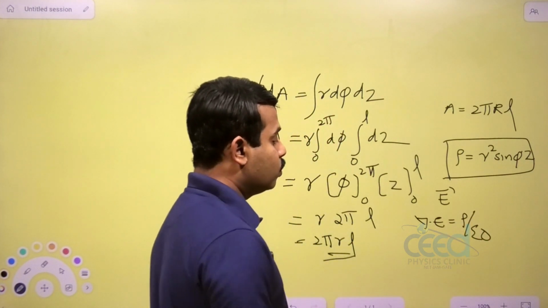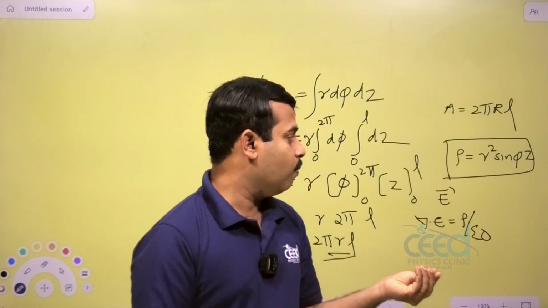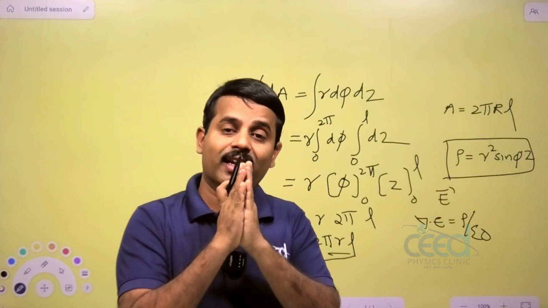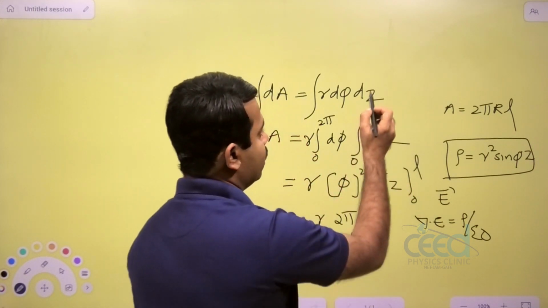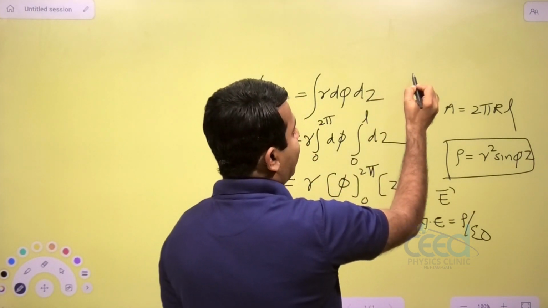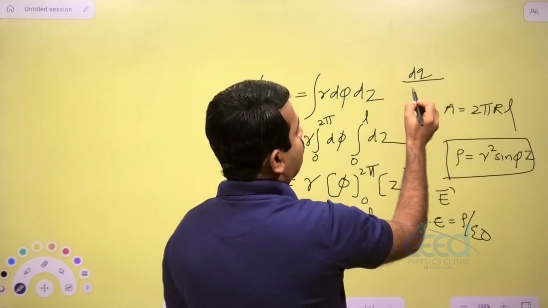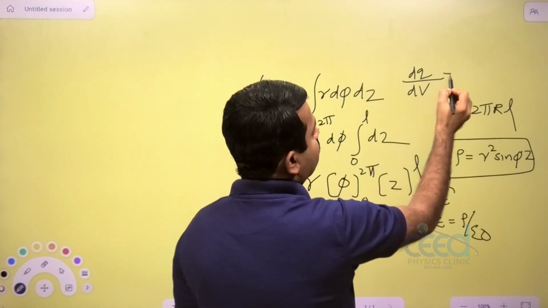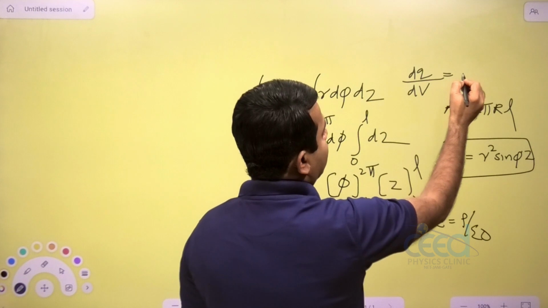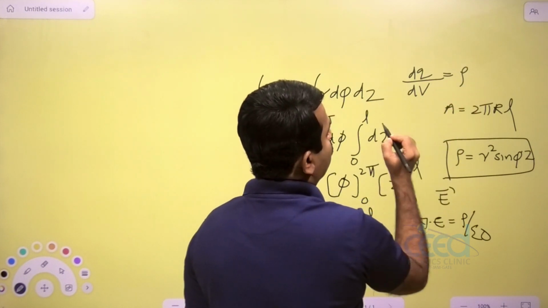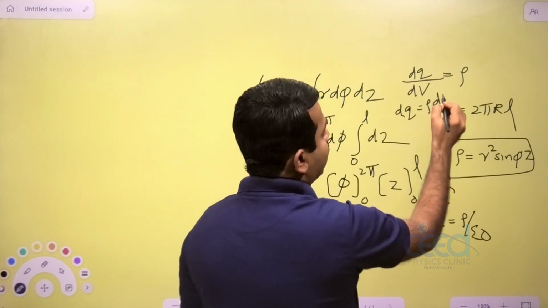So to find this rho, we need the cylindrical volume charge density, because charge density is dq by dv, our volume charge density rho. Then dq is equal to rho dv.